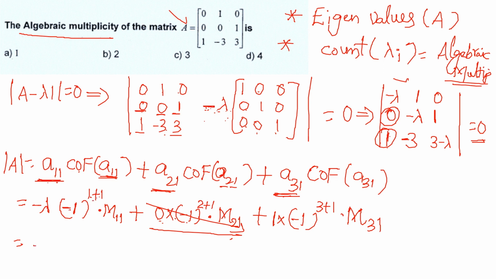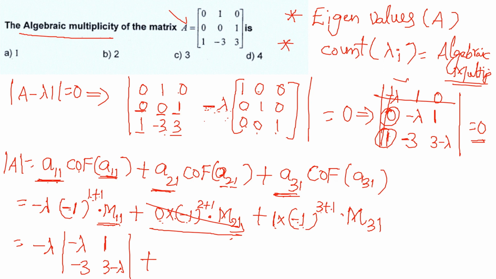So it will be minus lambda times the minor of 11. In order to obtain the minor of 11, you have to delete the first row and first column. So I have deleted the first row and first column, and we need to find the determinant of the remaining elements, that is minus lambda, 1, minus 3, 3 minus lambda. Plus 1 times minus 1 to the power of 3 plus 1, which is 4, minus 1 to the power of 4 is 1, 1 ones are 1, so the minor of 31.